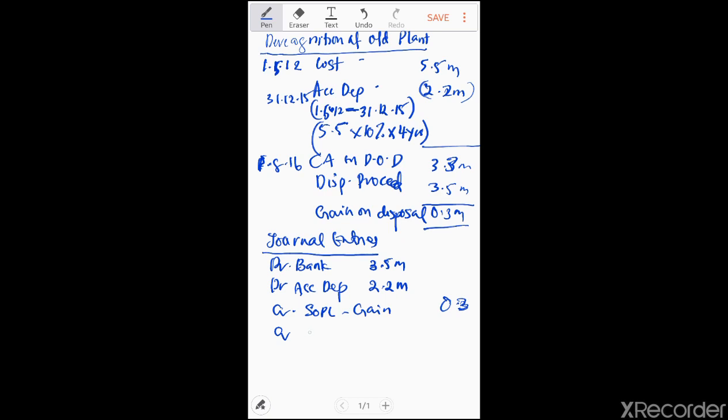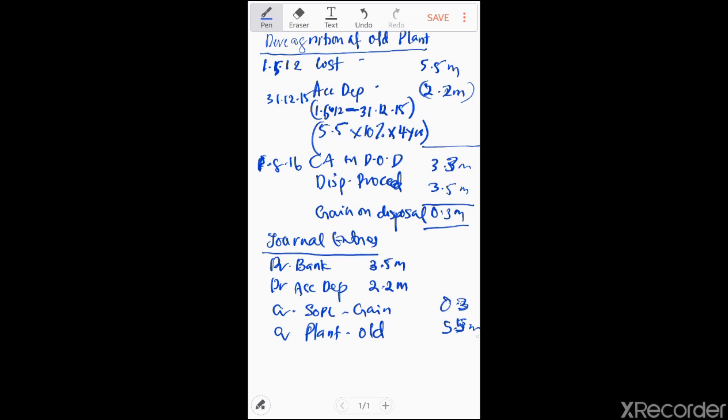So the asset is plant, right? The cost was 5.5 million. So 5.5 million.